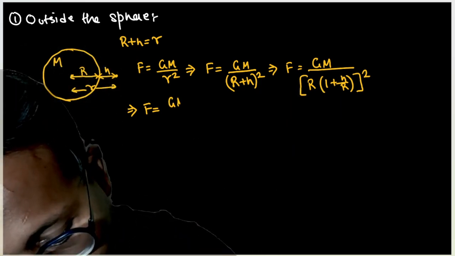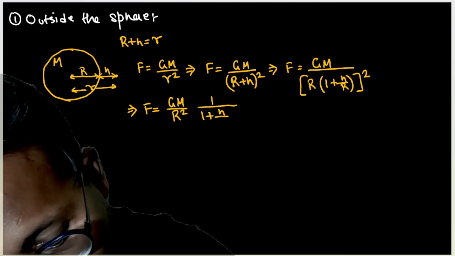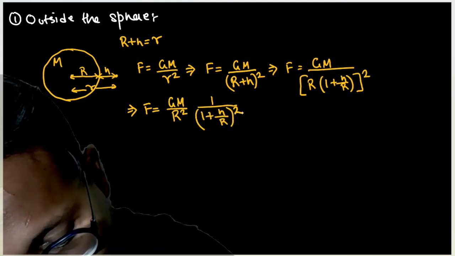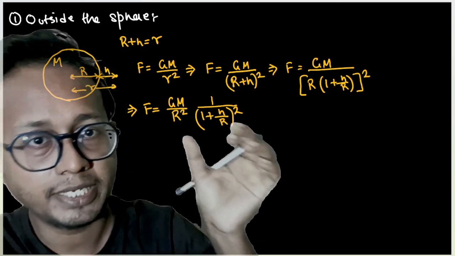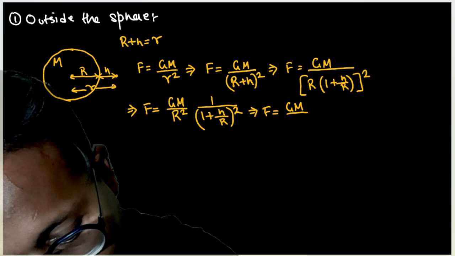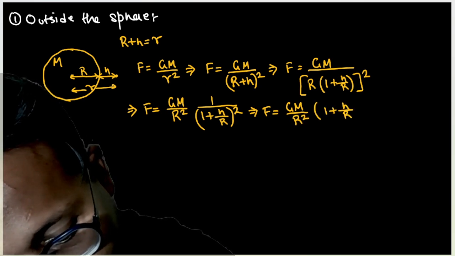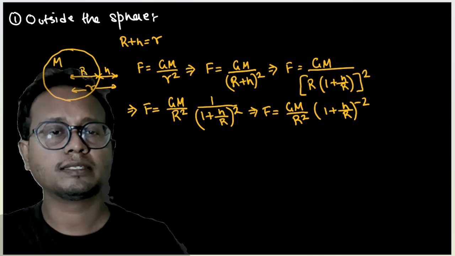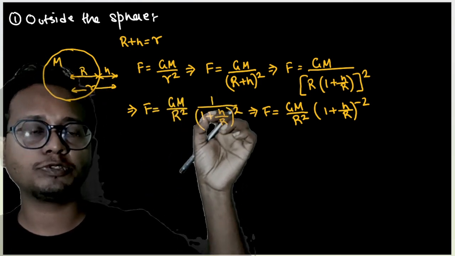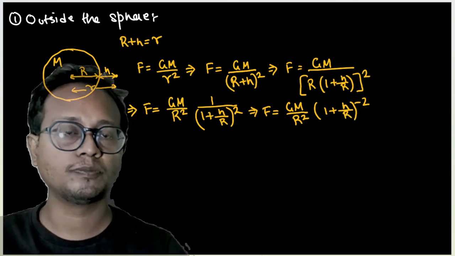So the field is GM by R square into 1 by (1 plus h by R) whole square, or this can be written as GM by R square into (1 plus h by R) to the power minus 2, because 1 by x square can be written as x to the power minus 2. Similarly, 1 by this parameter to the power 2 can be written as this parameter to the power minus 2.